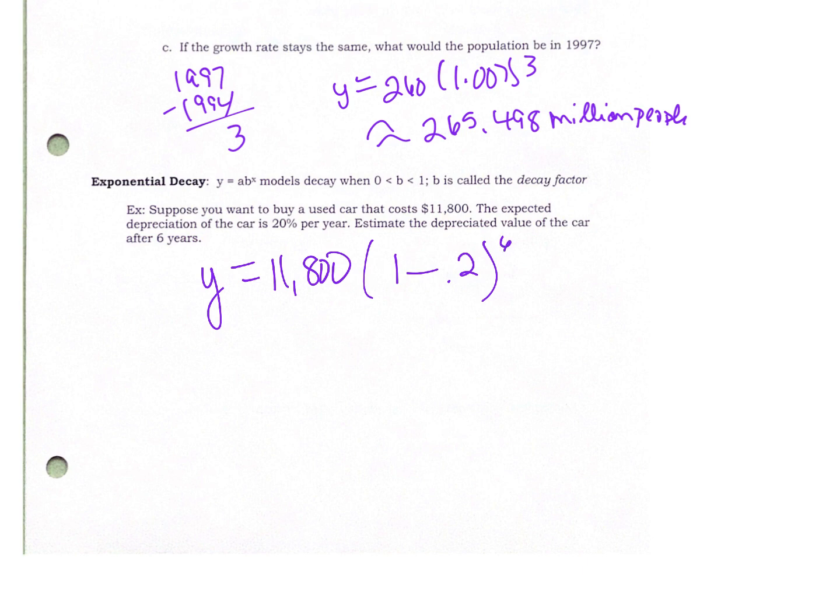And we're estimating this after 6 years. So if you want to plug that in as 1 minus 0.2, you can on your calculator. If you want to do the math and write that as 11,800 times 0.8 to the 6, that's fine too. You should still get the same thing. Now, we're talking money here. $3,093.30.